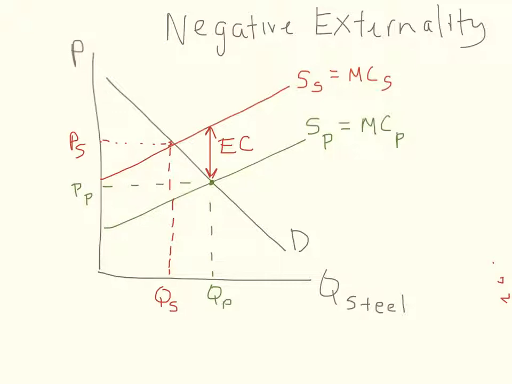One method would be to impose an effluent tax or an emission charge, various terms for this, basically tax the producers the exact amount, per unit amount, of the external cost. And this will cause the firm to behave as if this is their true supply curve, because in fact it is. They have to incorporate that tax into their pricing structure, and they will then naturally go to this PSQS equilibrium.